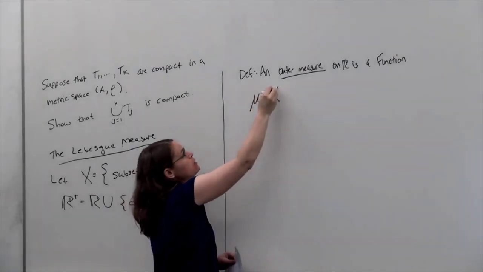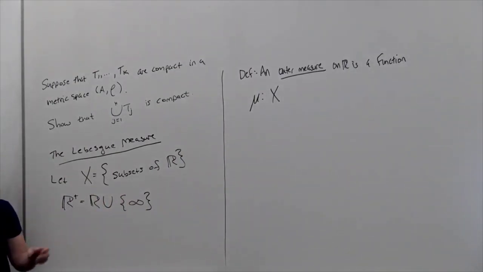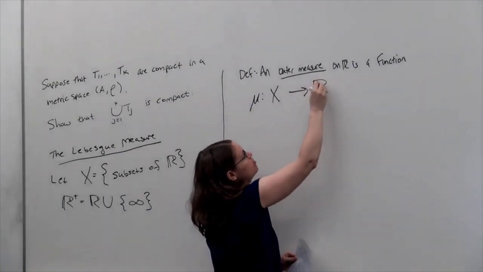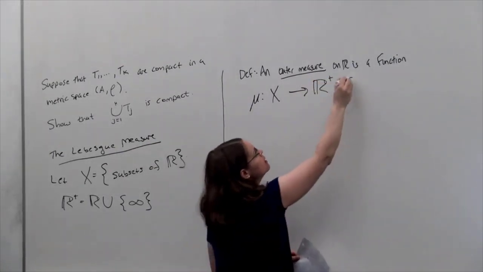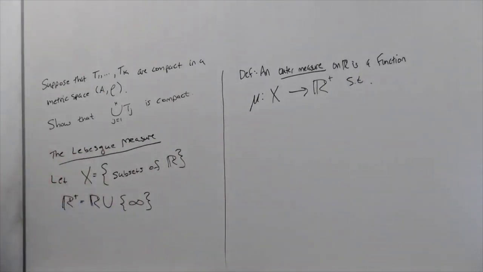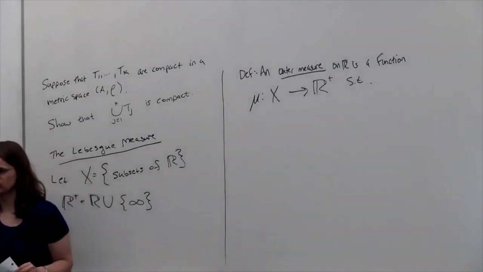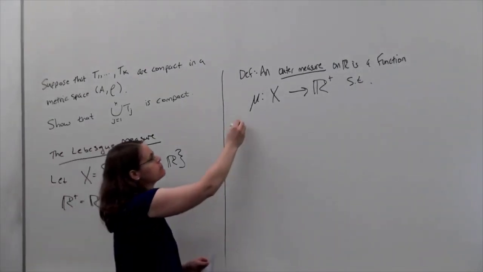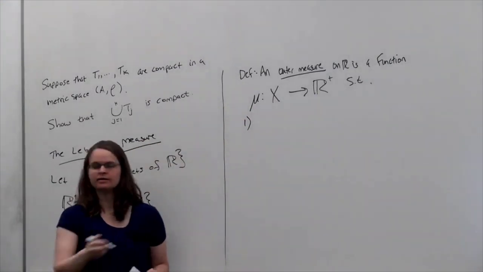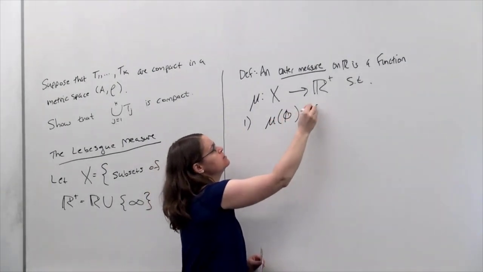So the domain of mu is subsets of R, so it takes as an input a set, and then it spits out a value in the extended reals. And we're going to propose a few reasonable properties that we think the size of a set should satisfy. One is that the empty set has no size to it. So the empty set is going to have outer measure equal to 0.